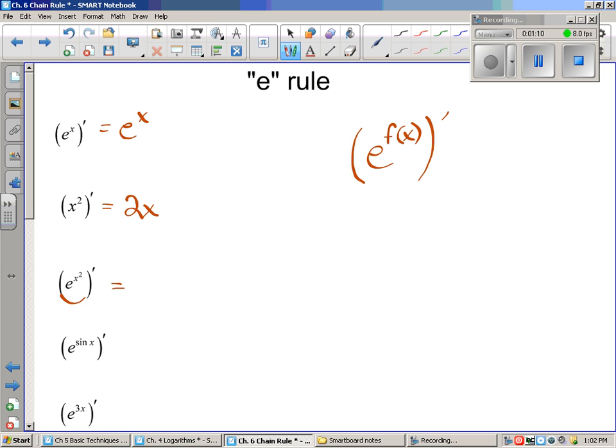In other words, we understand that the derivative of e to the x is e to the x, so the derivative of e to the x squared to start is just e to the x squared. But we have to do the derivative of whatever is up in that exponent. And so then it would be multiplied by 2x. So just a formal way of writing that would be 2x e to the x squared.